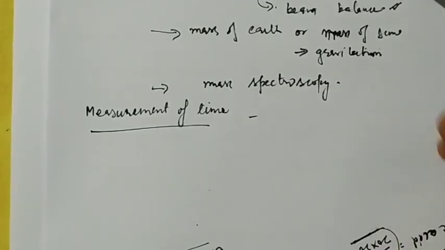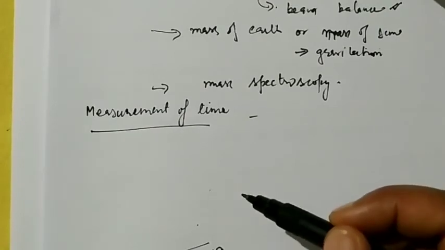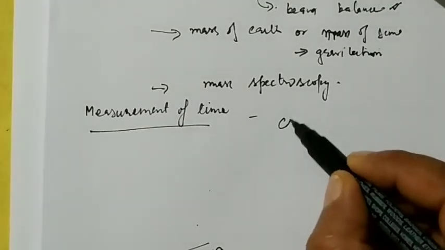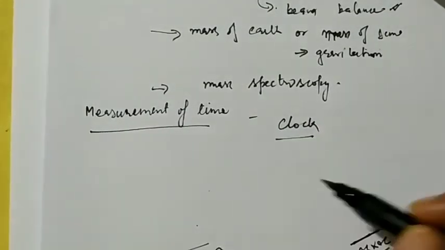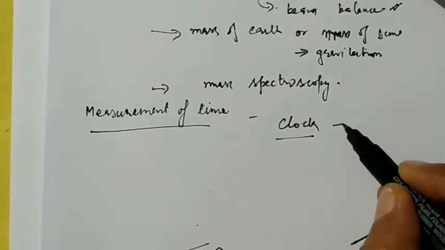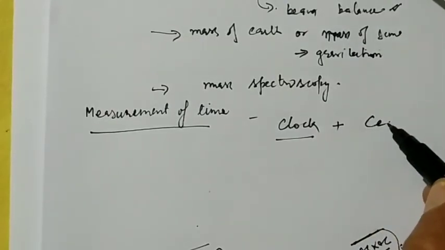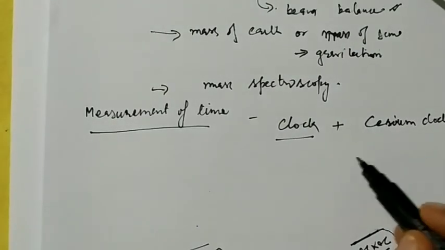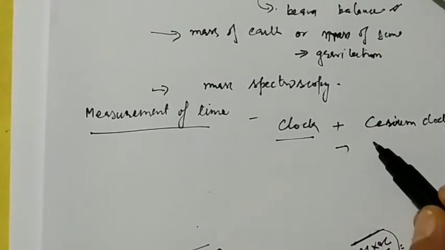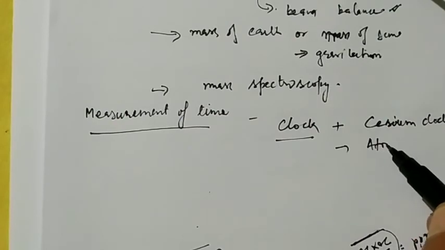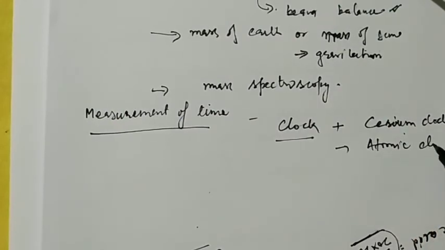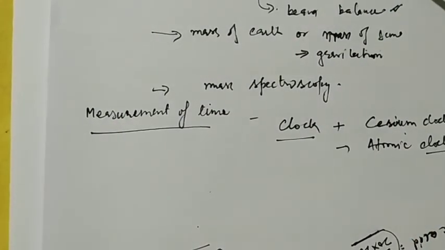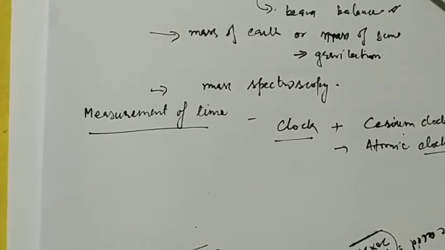Next is the measurement of time. Time we measure with the help of clocks. There are various types of clocks. We have a cesium clock, and another clock called the atomic clock. We have different ways to calculate time with the help of clocks.